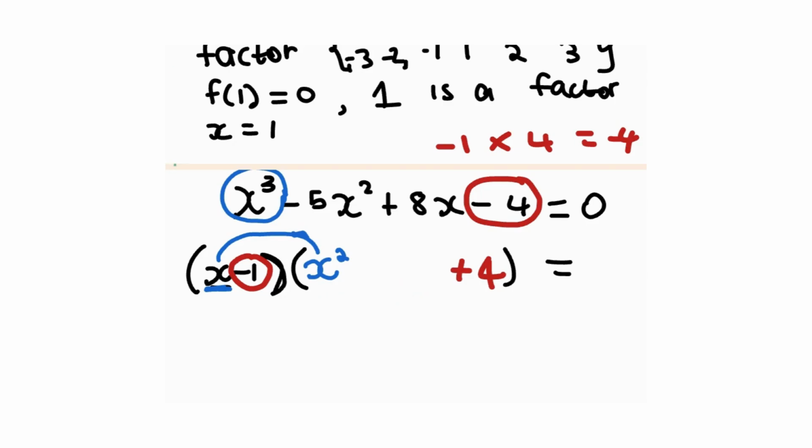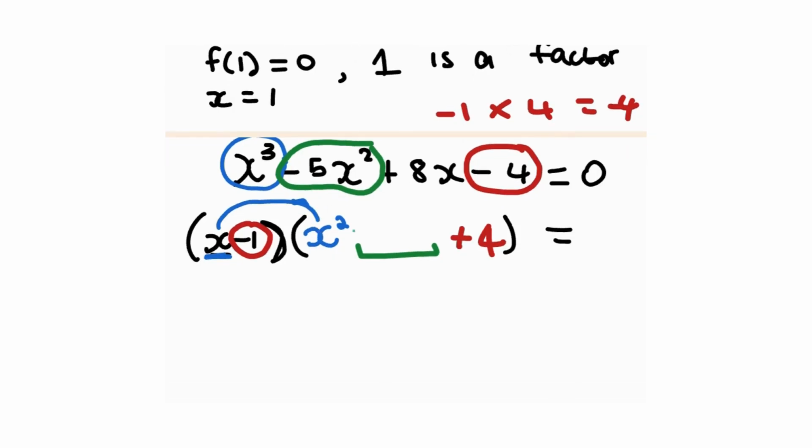And now the most important part is for you to get the middle part. To get the middle part, you're going to use the second term of your cubic equation, the one that has an exponent 2. That term is -5x squared. So you're going to focus on -1 and x. -1 times x is -x squared.